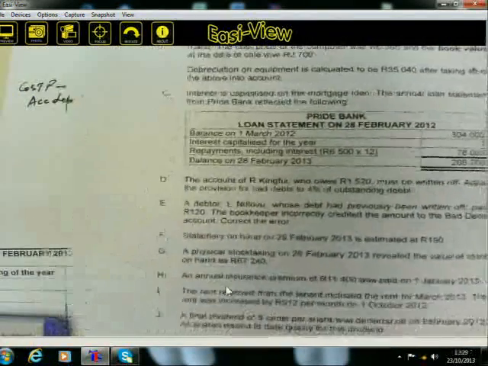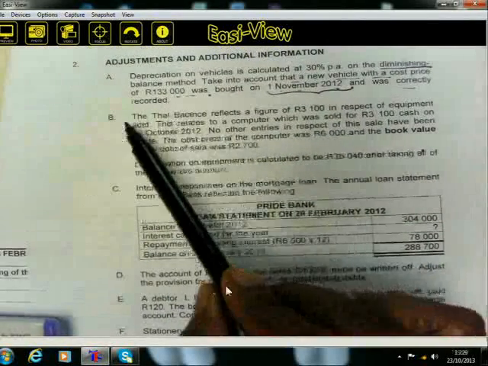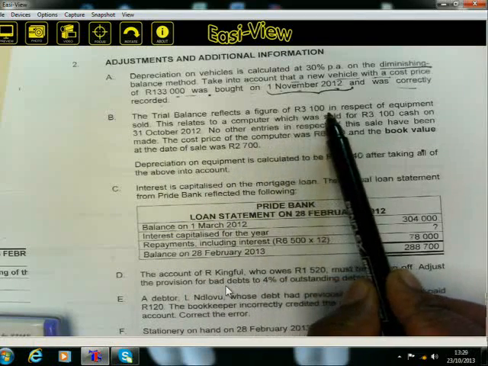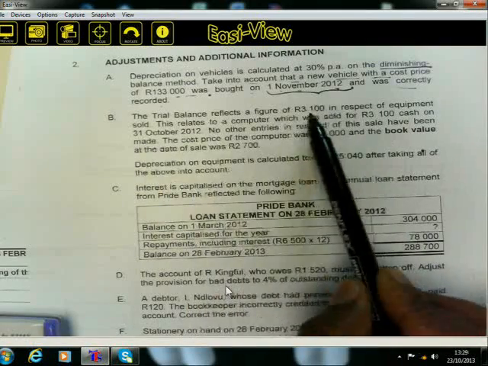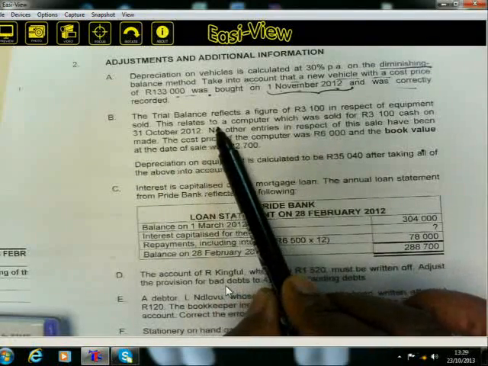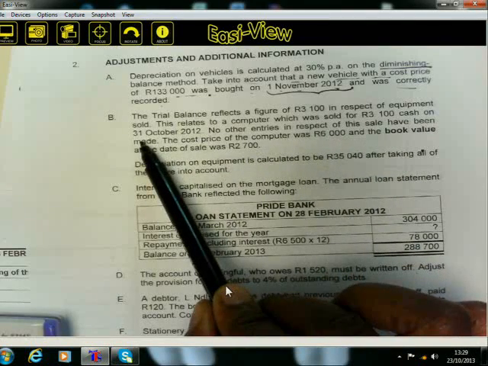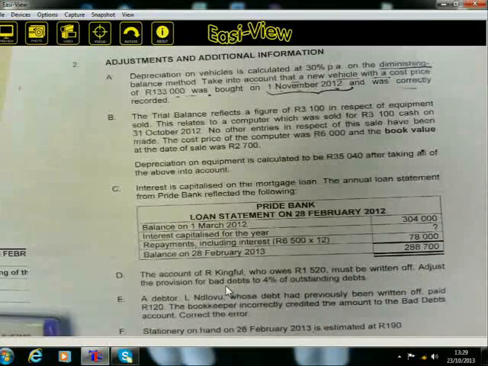We continue with the second adjustment. The second adjustment being the trial balance reflects a figure of 3,100 in respect of equipment sold. So this relates to a computer which was sold for 3,100 cash on the 31st of October 2012. We sold equipment.